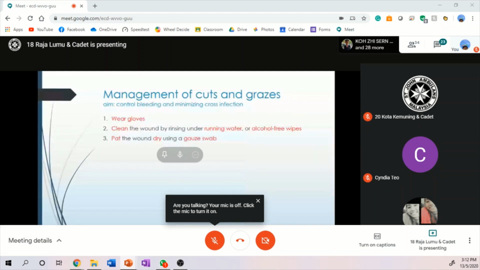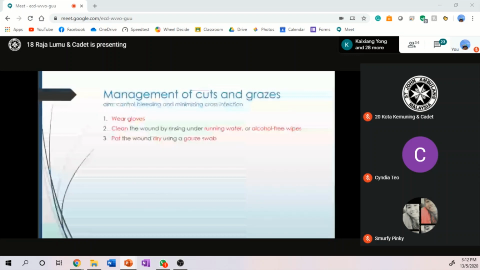So for the third step, pat the wound dry using a gauze swab. After you're done cleaning the wound, then you pat the wound dry using a gauze swab. After that, you clean the area surrounding the wound.